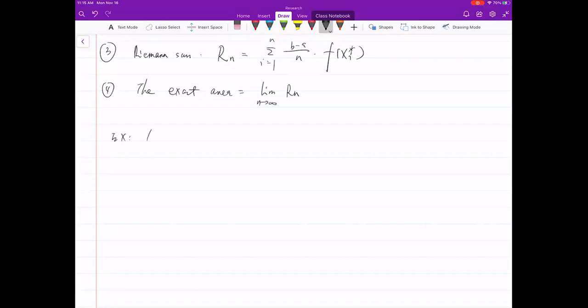Okay, but let's say we approximate y equals x squared on [1, 2], using 4 rectangles and the right point formula.